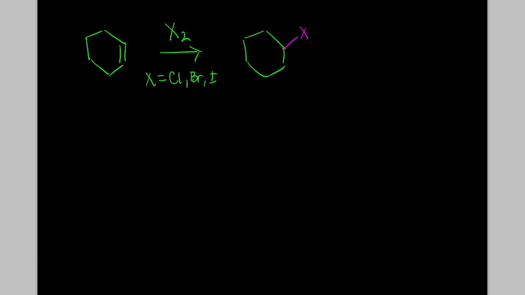So you form a dihalide, okay? So those could be two chlorines or two bromines. Normally we do this with chlorine or bromine only, so I'll erase that. And so this reaction is called halogenation. Okay. And so we'll learn that with chlorine and bromine.